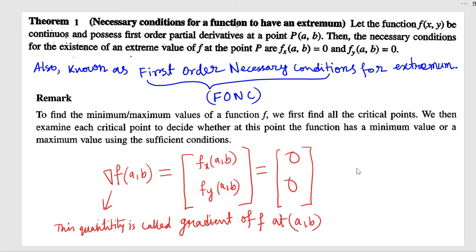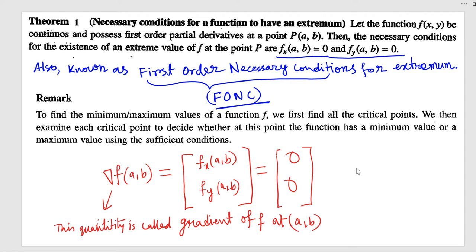Okay, so let us define the first order necessary condition. If we want to find the minimum point for a several variable function, for example a two variable function, then the partial derivatives must be zero. So this is a necessary condition.